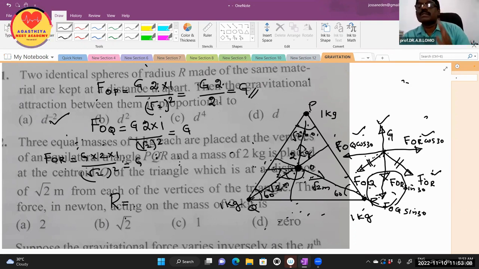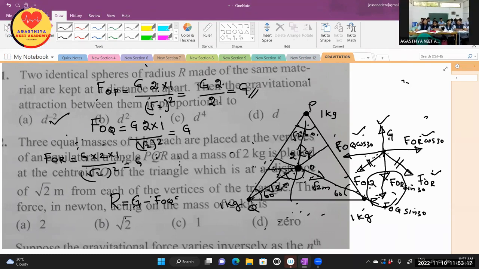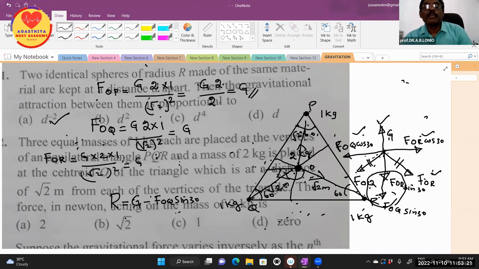The vertically upward force is G. Downward forces are FOQ sin 30 plus FOR sin 30.